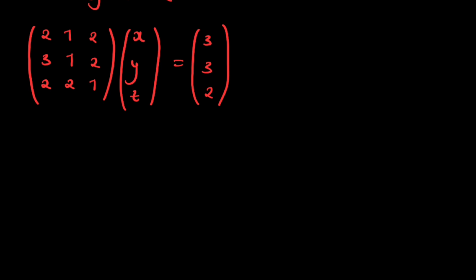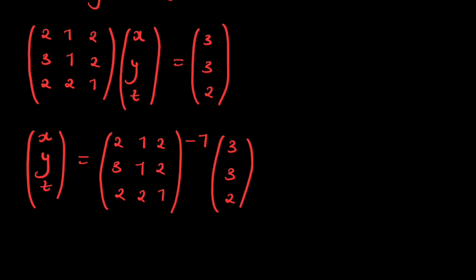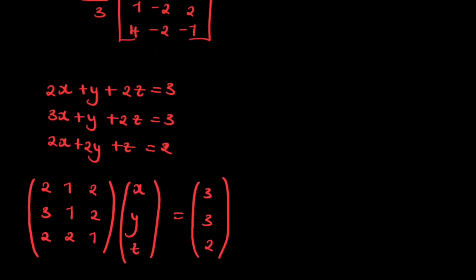Here we are interested in x, y, and z. We have to find x, y, and z. To find them, we will have to take the inverse of this matrix times this 3, 3, 2. But we already know the inverse of that matrix.